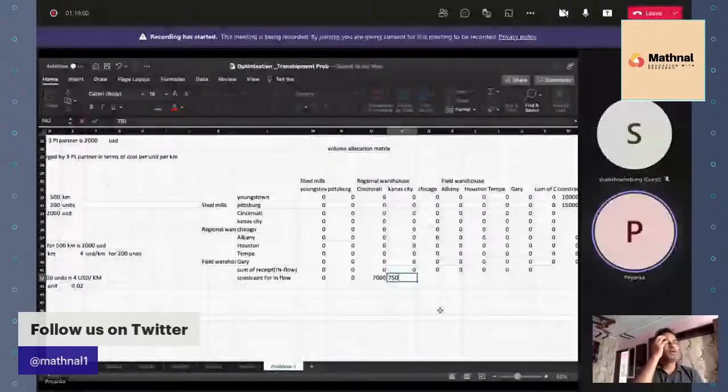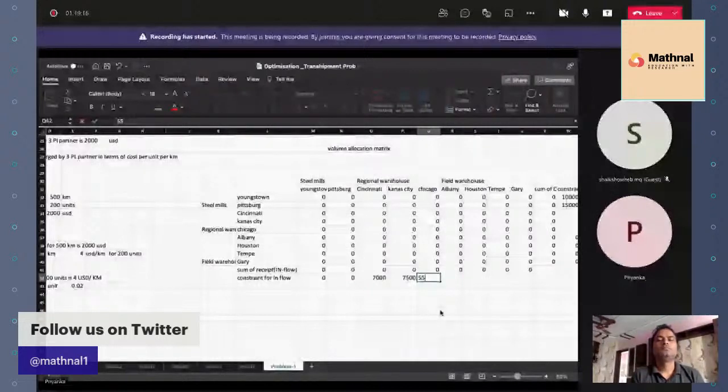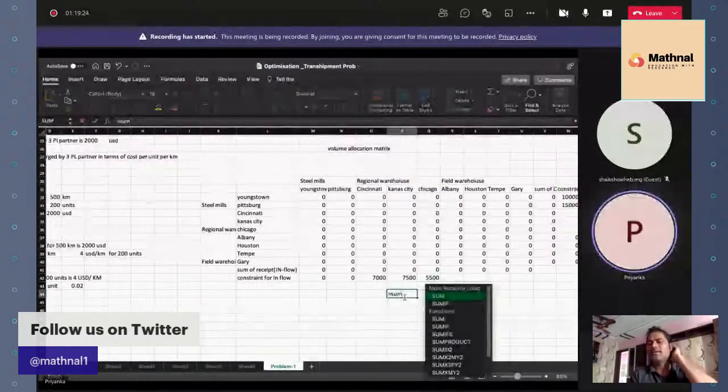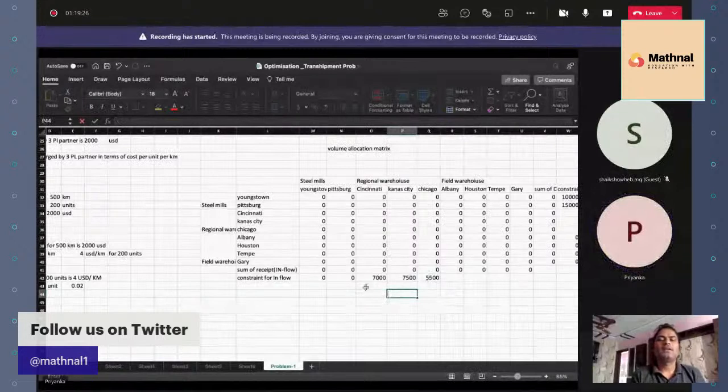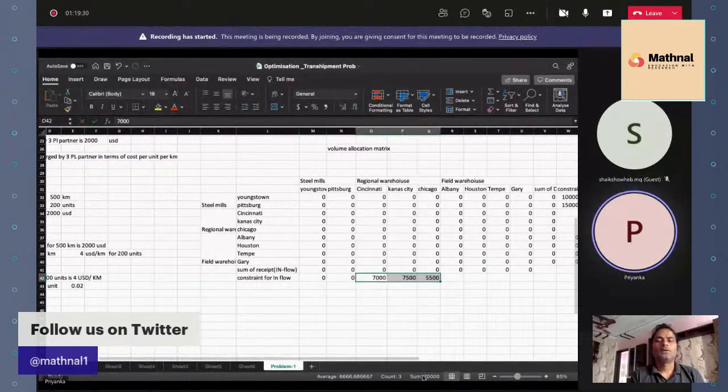Now we'll put one more, which is 5,500. What is the total sum of these three? You just select them and you'll get the answer. Select these three.